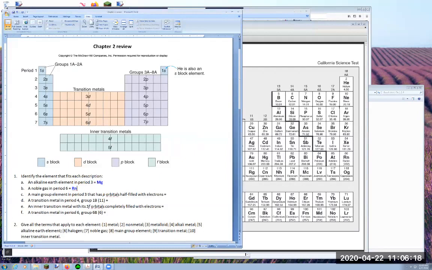So now let's look for a main group element in period 3 that has p orbitals half filled with electrons. So main group elements are those A groups, right? All the capital A groups are main group elements.